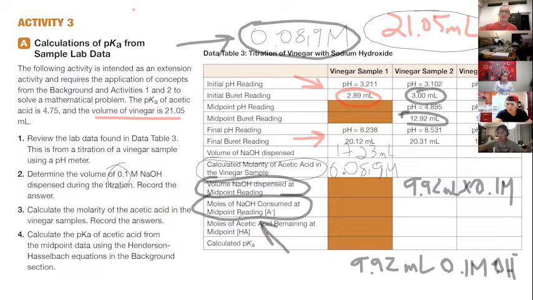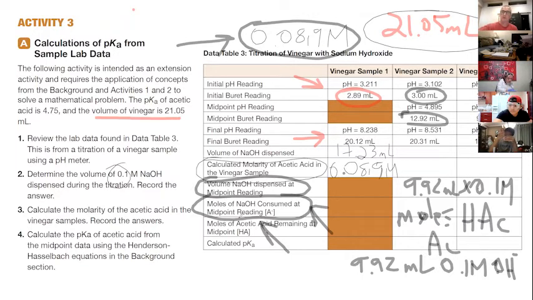You do that by figuring out how many moles of acetic acid were there at the beginning, and you subtract the number of moles of the conjugate base, and that gives you the amount of acetic acid. And then you just use the formula that was given.